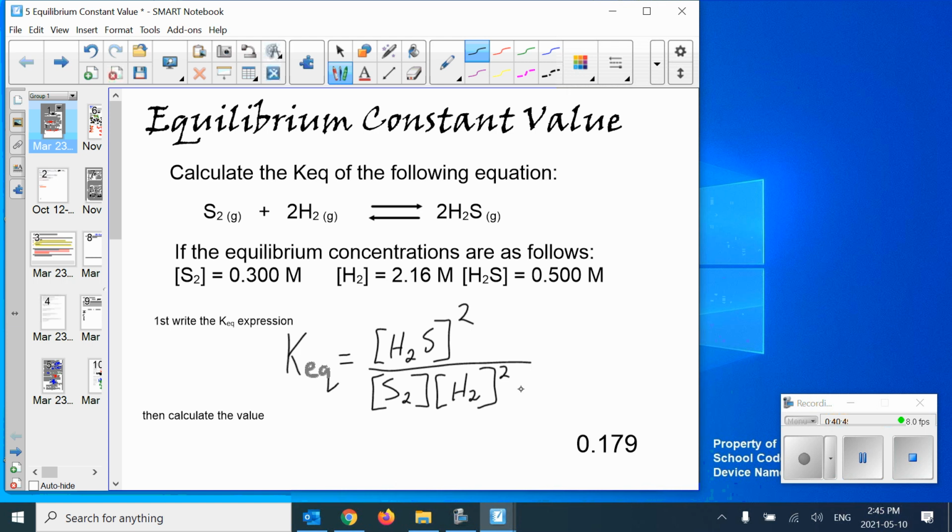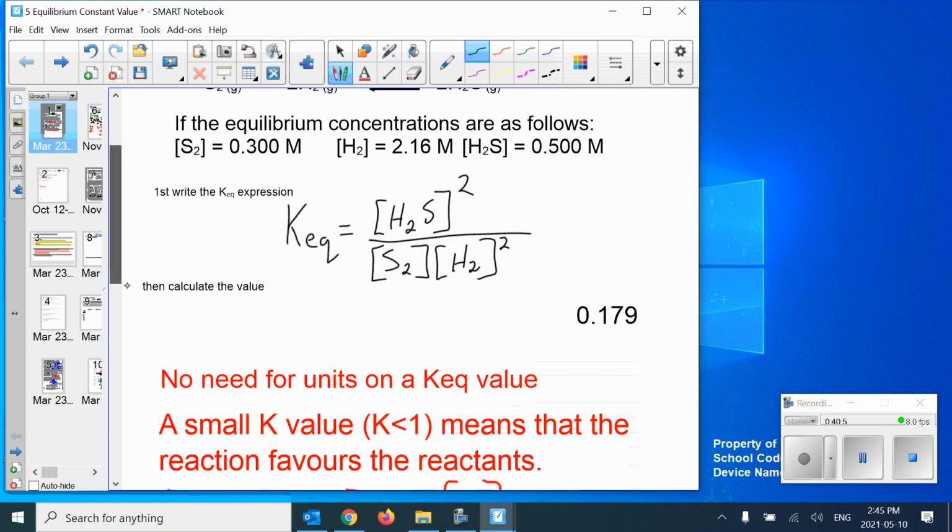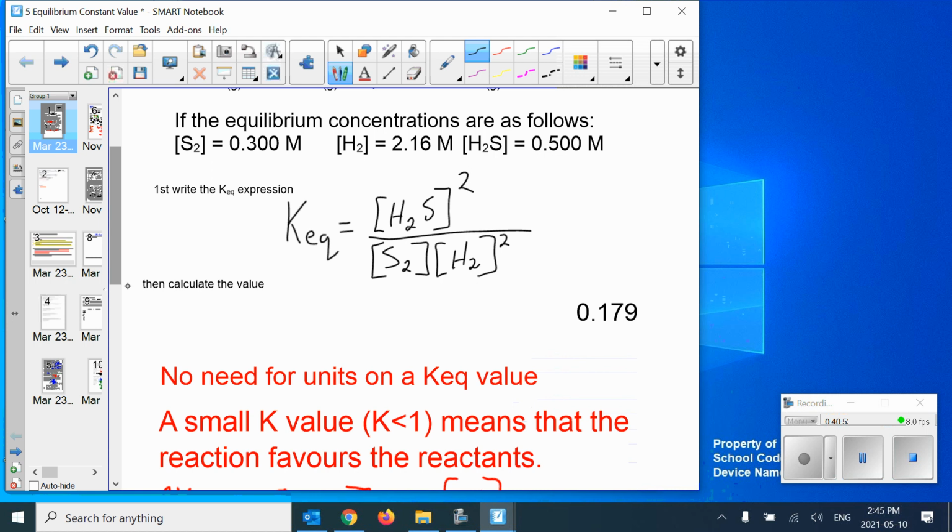Then calculate the value. I'm going to get you to use your calculator to do this, because some people make a common error. So type it up, and if you're making an error I'll point out to you what it is. So put in my numbers.